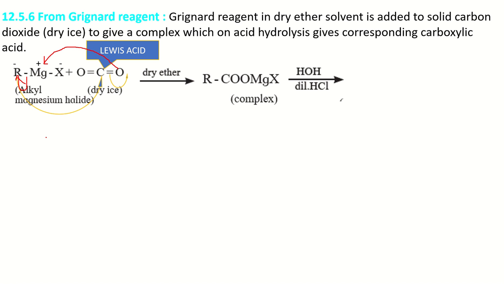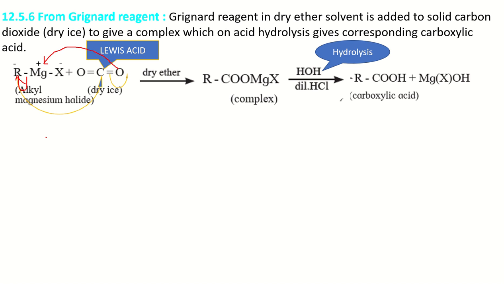After hydrolysis, in presence of dilute acid, you can say acid hydrolysis, you will get the carboxylic acid plus magnesium OH. Clear? Here acid hydrolysis means first HOH gives OH minus and H plus. After dissociation, you will get the OH minus and H plus.